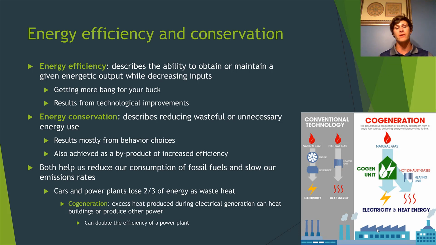So energy efficiency results often from technological improvements. Usually as our technology gets better and better, it uses energy at a more and more efficient rate, meaning that it can go longer on less energy. And by using less energy, we are burning less fossil fuels, and so we are reducing the amount of CO2 per given day that we are emitting personally.